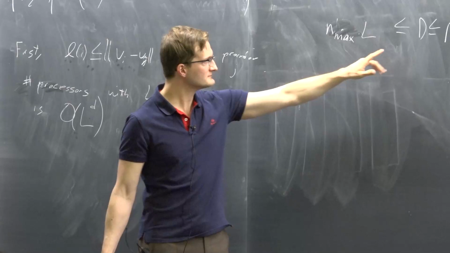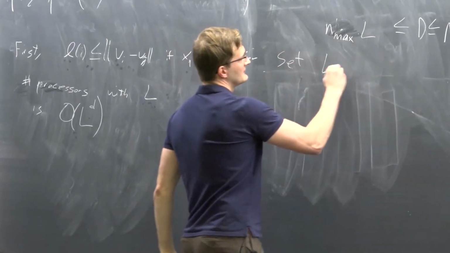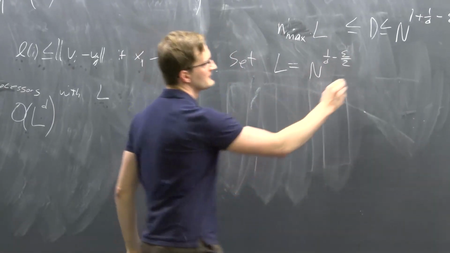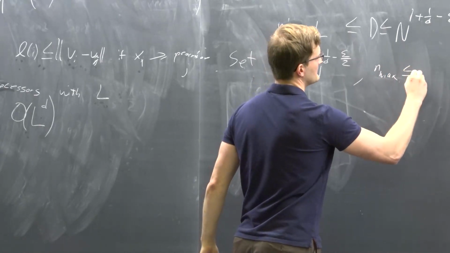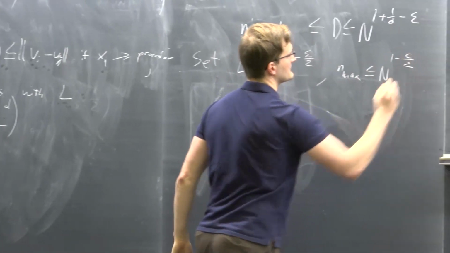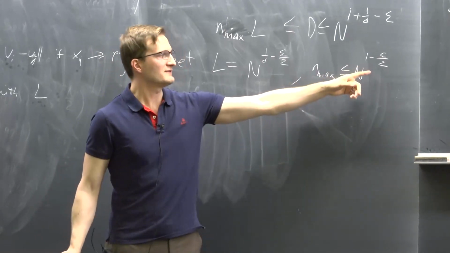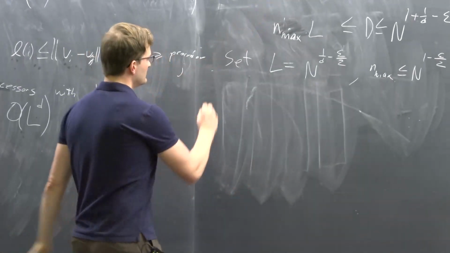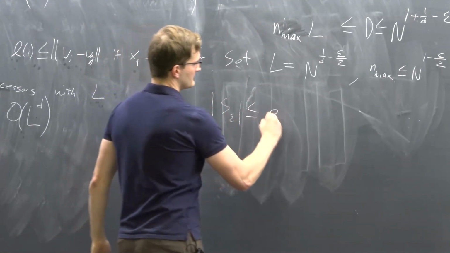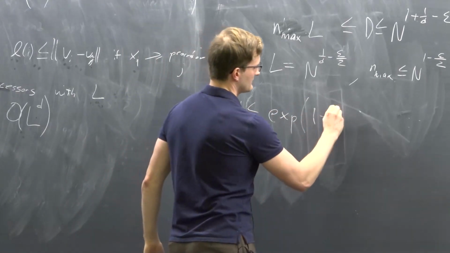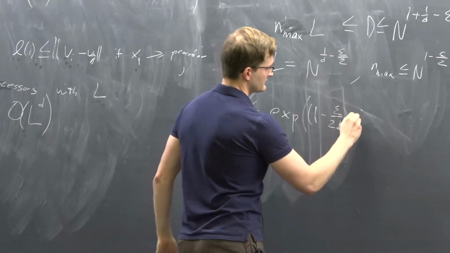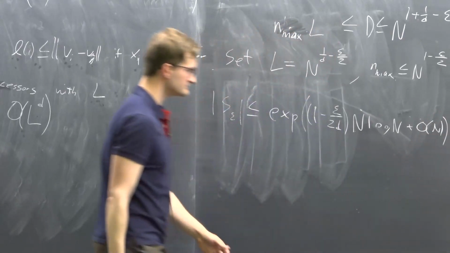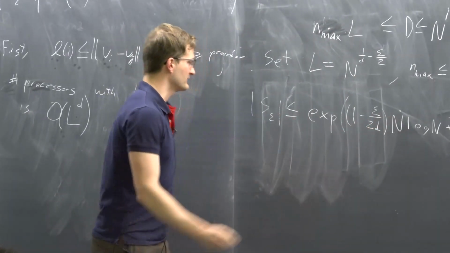And so what I can do is set L to be 1 over d minus epsilon over 2. And so n max is this. So it's close to all of the elements, but it's an epsilon over 2 fraction away from them. And then you can do a bunch of annoying arithmetic, and you get, I think, something of this nature: n log n plus O of n. So it's almost n log n, but we have this little extra term.